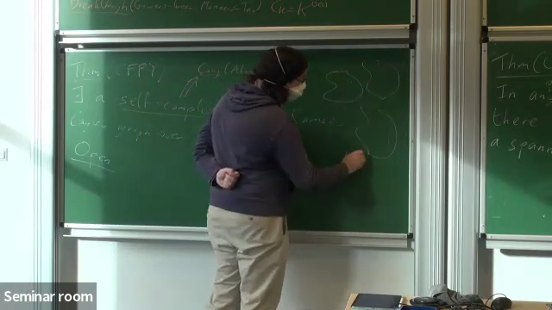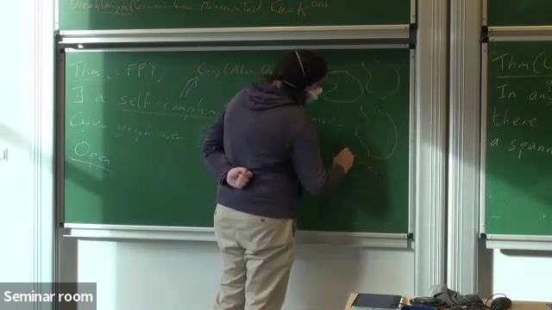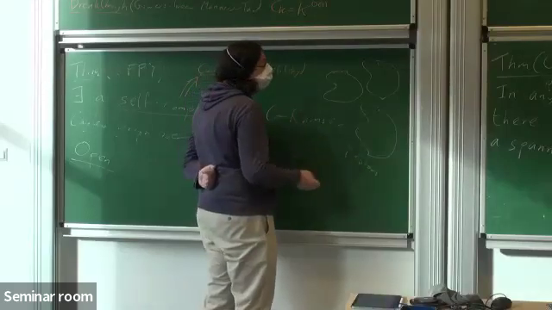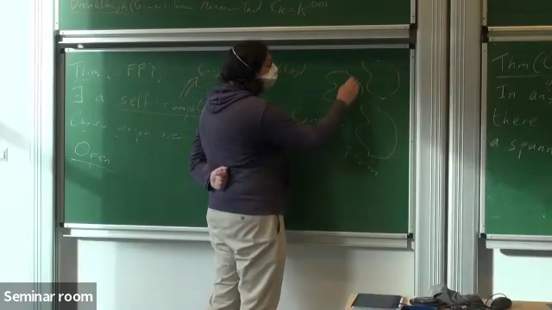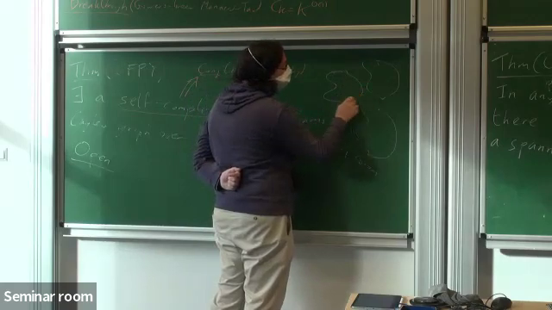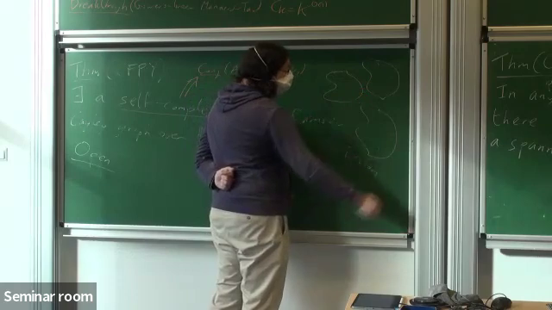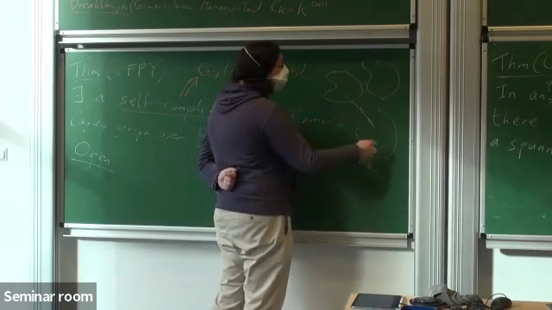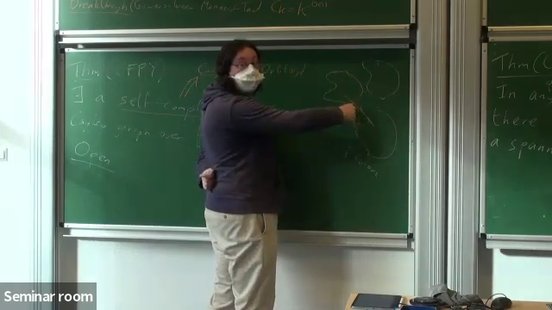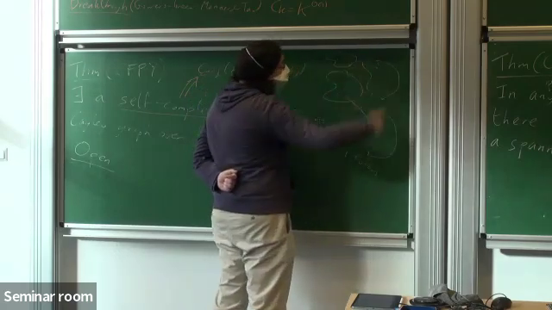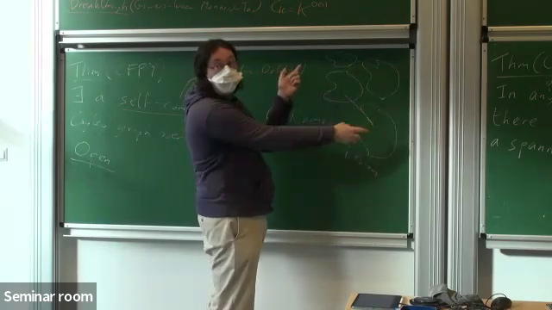The instinct is that I've exposed up to this point i colors. When I expose my i plus first color, what I guarantee as I go along is there's lots of colors going between these components; they're fairly multicolored. So when I expose a new random color, at the very least I expect that I will pair up two of these. Generically I expect I'll pair up bunches of these, so the components will double in size.